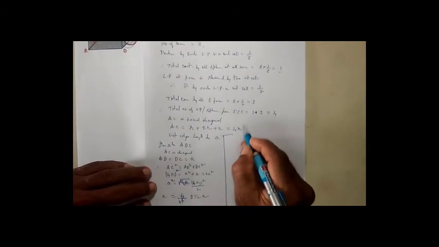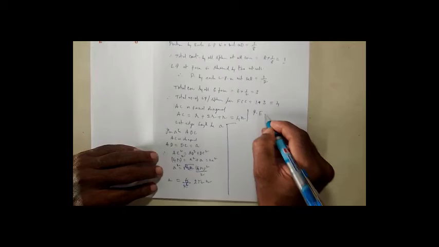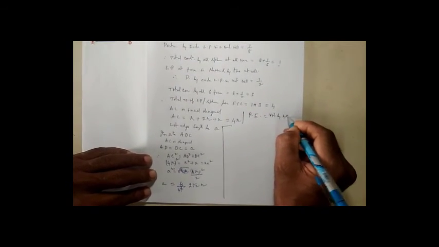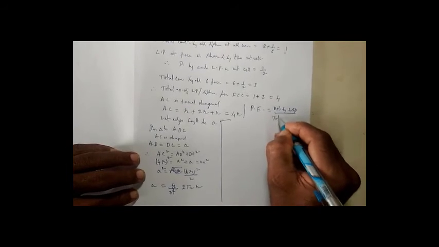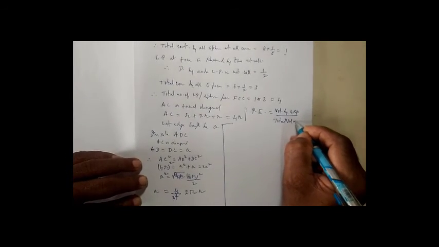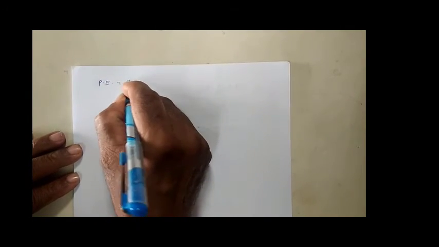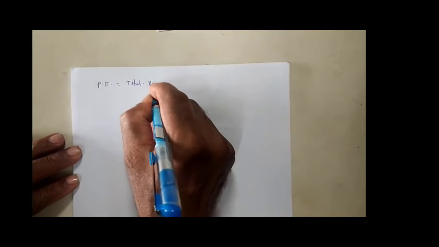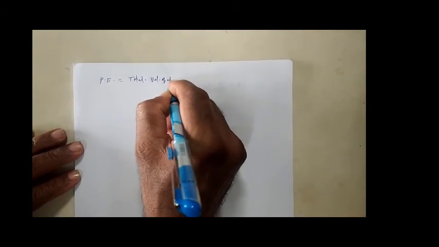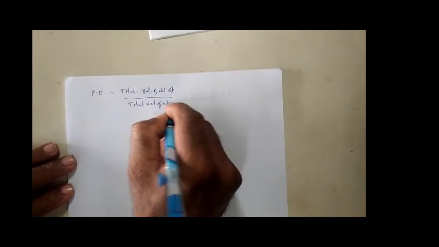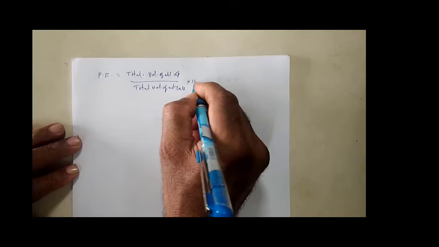Now, packing efficiency equal to volume occupied by 4 spheres by total volume of unit cell into 100. Packing efficiency is equal to total volume of all spheres by total volume of unit cell into 100.